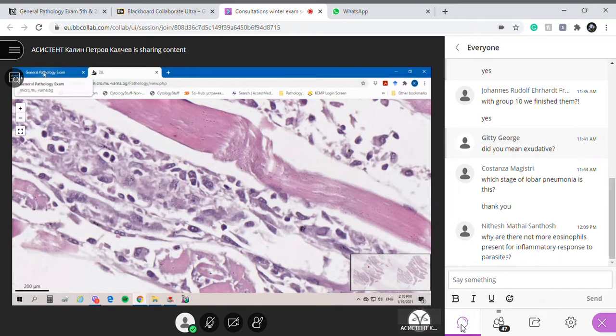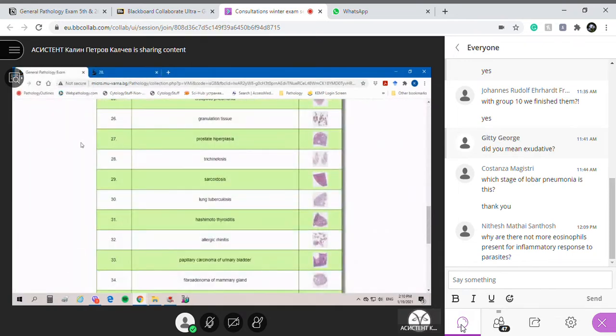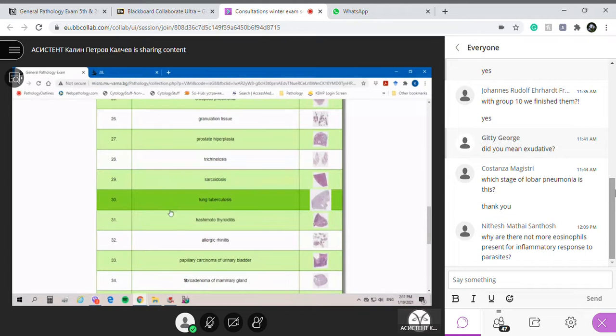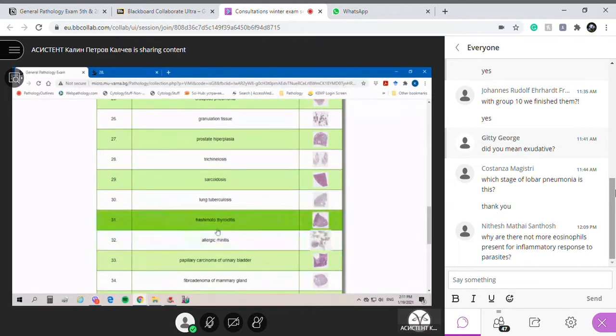Okay, so we continue with another type of inflammation. Well, actually, we haven't finished with the inflammation.